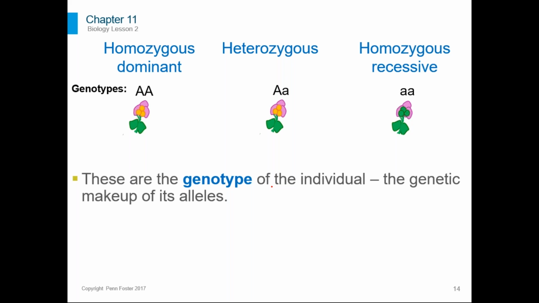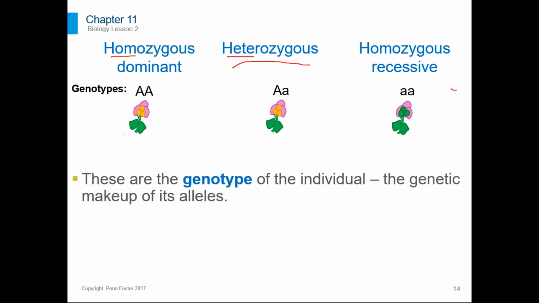If they have two copies of the recessive version of the allele, so for example, two alleles for green seeds, then they are homozygous recessive. And if they have two different alleles, in this example, one yellow and one green, they are heterozygous. Remember, the prefix homo means the same and hetero means different.